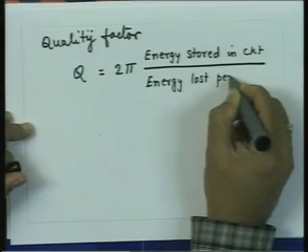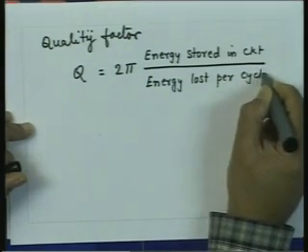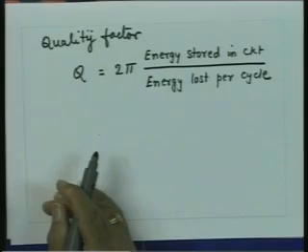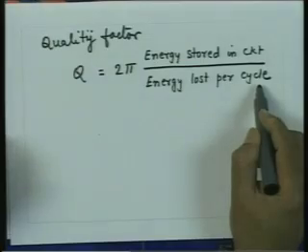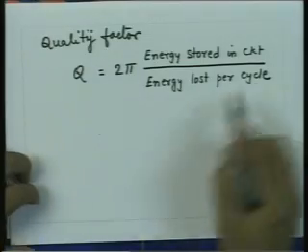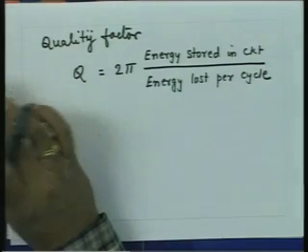If the resonant frequency is f naught, there are f naught cycles per second.